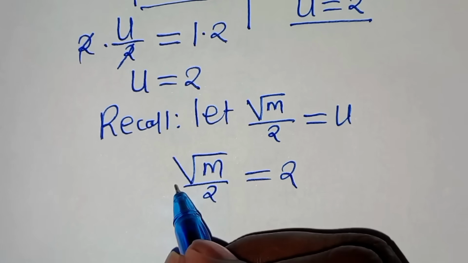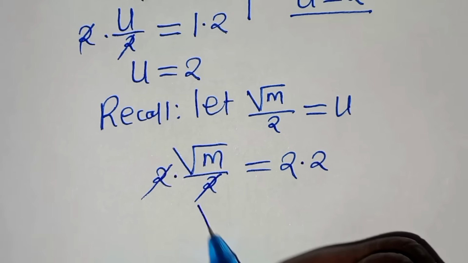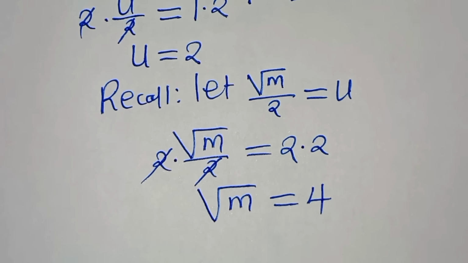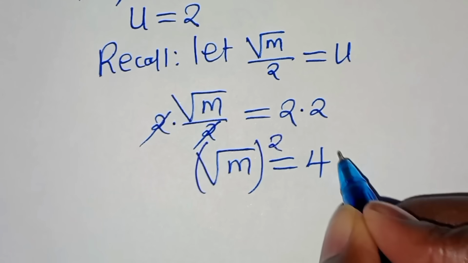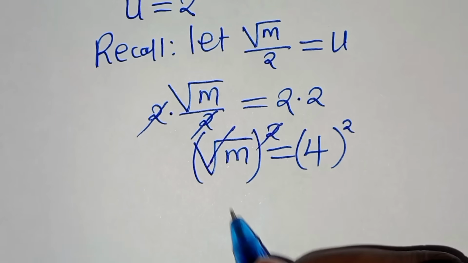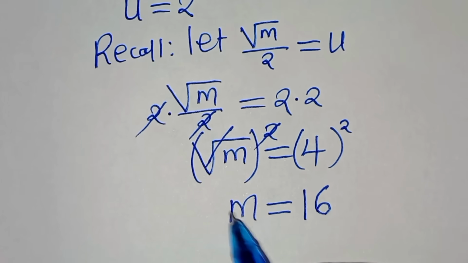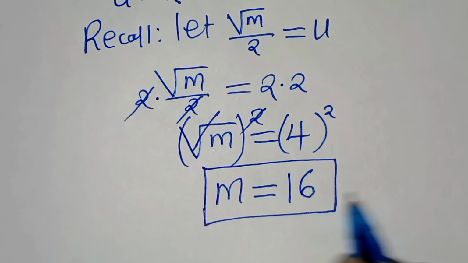Let's multiply both sides by 2, so that now we have the square root of m equal to 2 times 2, which is 4. So let's square both sides, so that now we have m equal to 4 squared, which is equal to 16. This is the value of m.